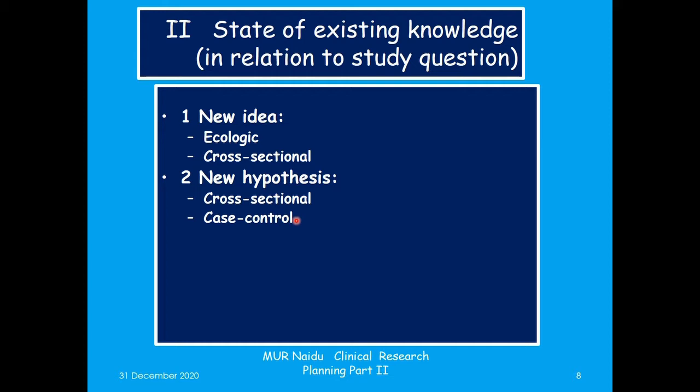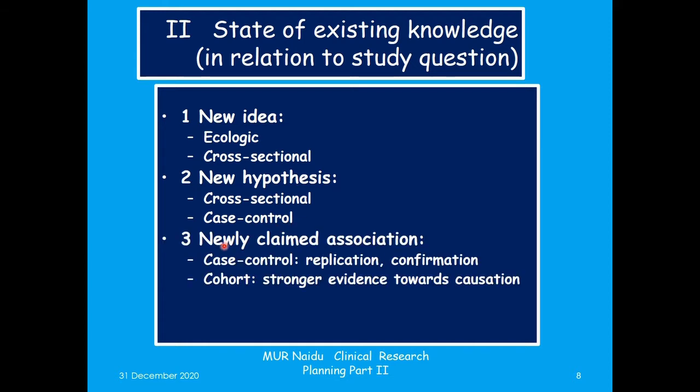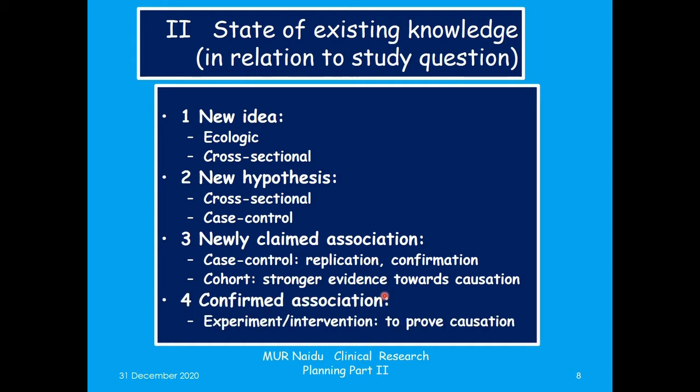The third one is that if it is a newly claimed association, it is better to do a case control, replication, or confirmation study, or a cohort for stronger evidence towards causation. So if there is some claim, we have to reconfirm whether that claim is true or false. And the fourth one is when there is already a confirmed association.